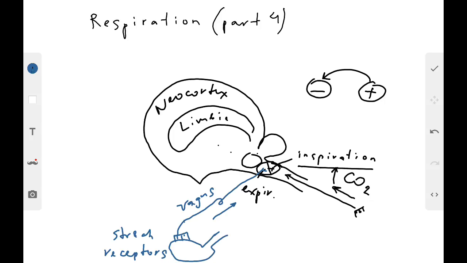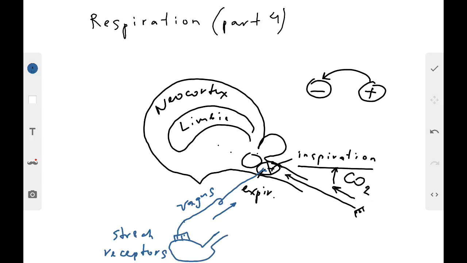If both vagus nerves are cut, the branches of vagus which innervate the lungs, then respiration will continue, but the respiration will be more deep and less frequent.